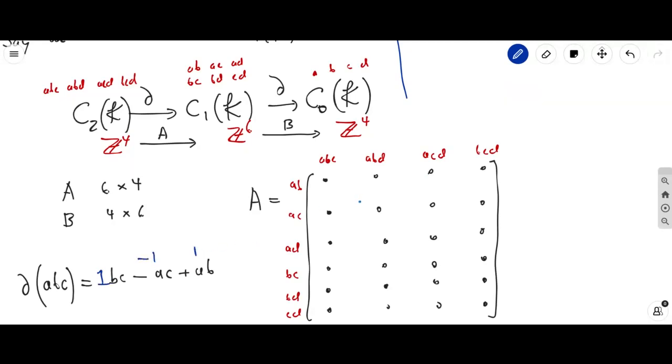So those are the coefficients in terms of the basis elements. Now you just have to put it in. BC would be 1, AC would be -1, and AB would be 1. And all of the other ones are going to be 0.